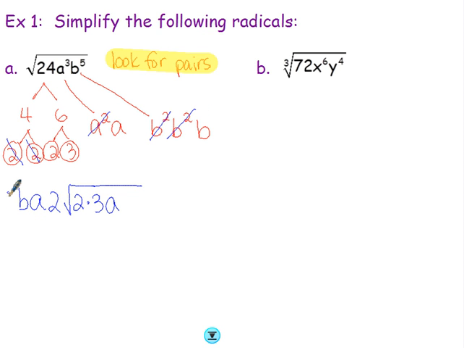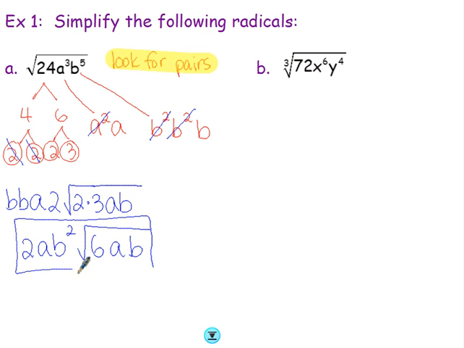Cross it off. 1 B gets to come outside. There's still 1 B left inside. So when we multiply them back together, we have a 2. We have an A. B times B is B squared. Inside, 2 times 3 is 6. We still have an A. We still have a B. That is our final answer.